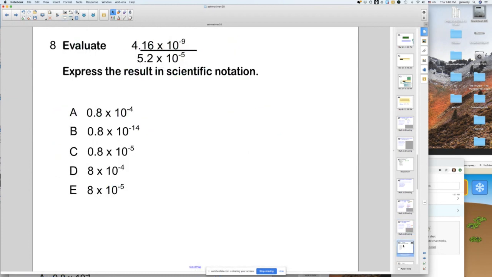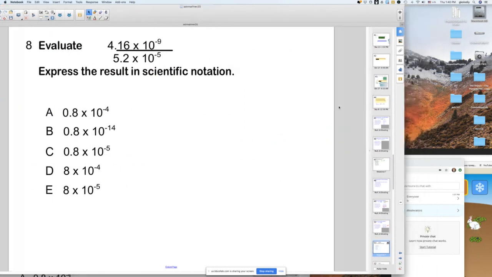Let's do a couple of examples. All right, so let's see if you can do this. So this divided by that, we know is 0.8. So what's the power of 10, though?